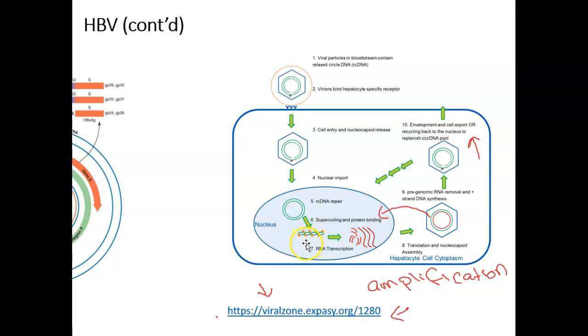This is when the cellular genome gets degraded, gets breaks in it, and then there are mistakes in repair, and some hepatitis viral genes get inserted into the host chromosome. But that is not part of the normal replication cycle. I just want to make a point of that. That's not part of the normal replication cycle for hepatitis B.